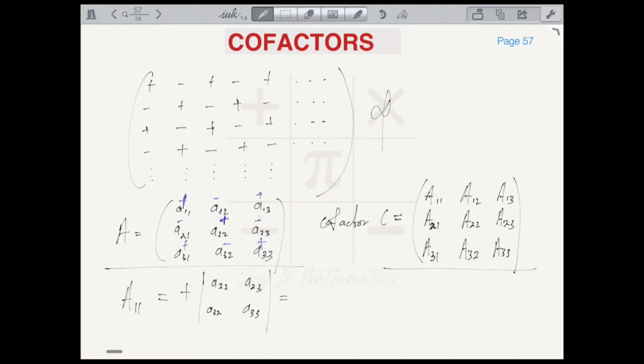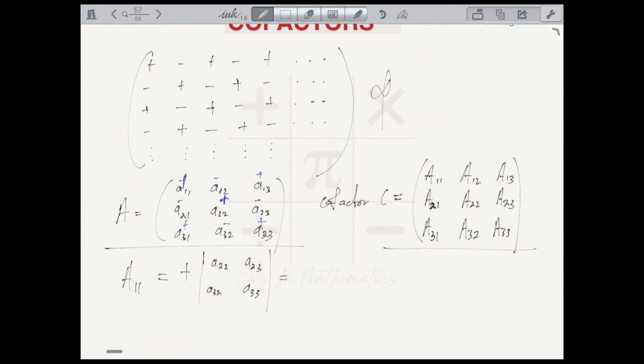Now, this in itself is a simplification. We simplify further and say this will be plus A22 A33 minus A23 multiplied by A32.